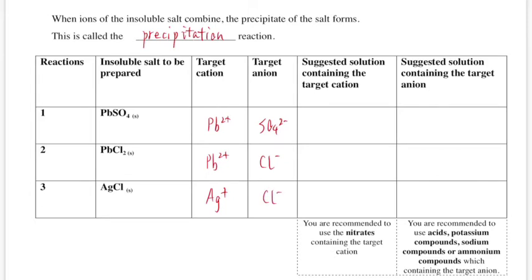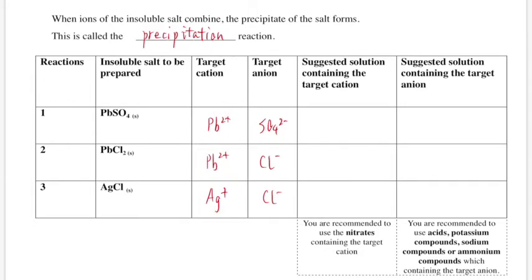Now we need to suggest some solutions that contain those ions. For the first part, the solution containing the target cation, we need a salt solution that contains those metal cations. What kind of anion, when combined with a metal cation, is always soluble?